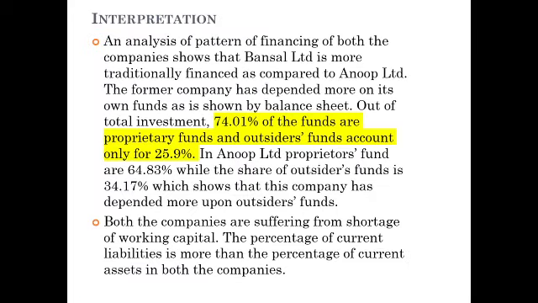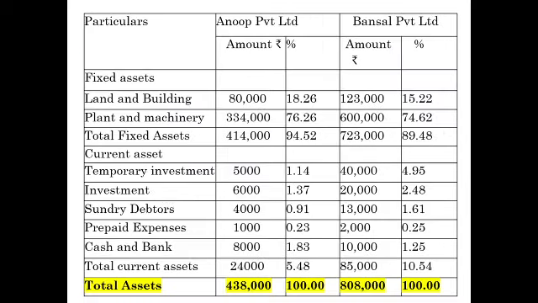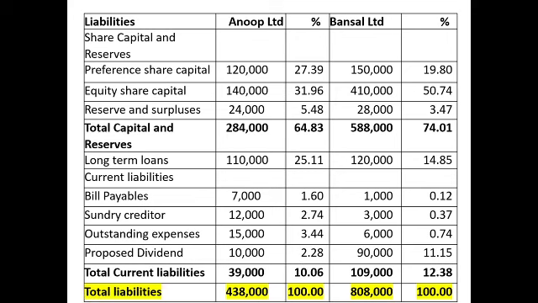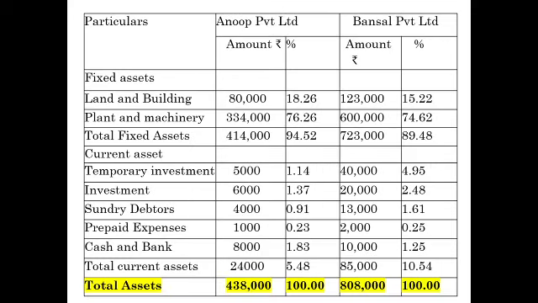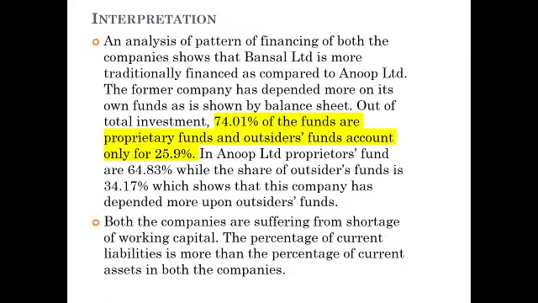And both the companies are suffering from shortage of working capital, because if you see the position of their current assets, current asset is only 5.48 percentage of Anup Limited, but current liability is nearly 10 percentage. And same case, current asset of Bansal Limited is 10 percentage, but current liability is nearly 12 percentage. So in some way the company is having an issue with liquidity.